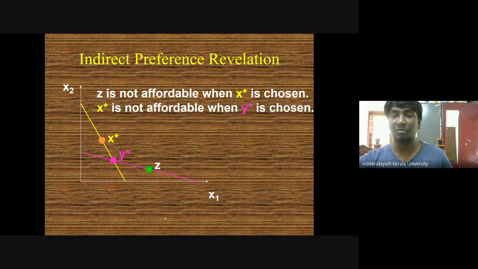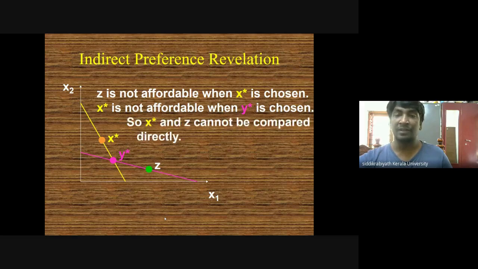Then indirectly, even though z was not available in this set, z is indirectly defeated or rejected by the consumer by choosing x; the act of choosing x star implies that z is an inferior commodity.